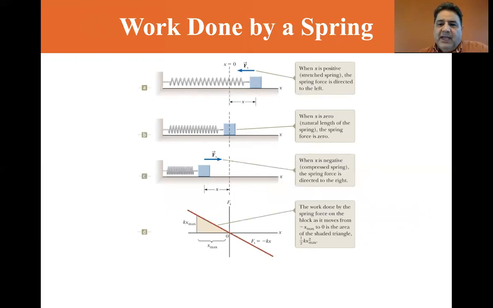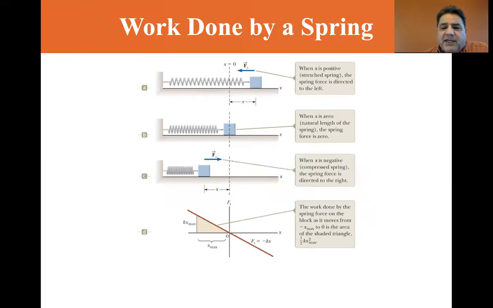When x is 0, the natural length of the spring, the spring force is 0. In other words, there's no force. When you push the block in the negative direction and compress the spring, then the spring is pushing back in the opposite direction. When x is negative, the spring force is directed to the right.